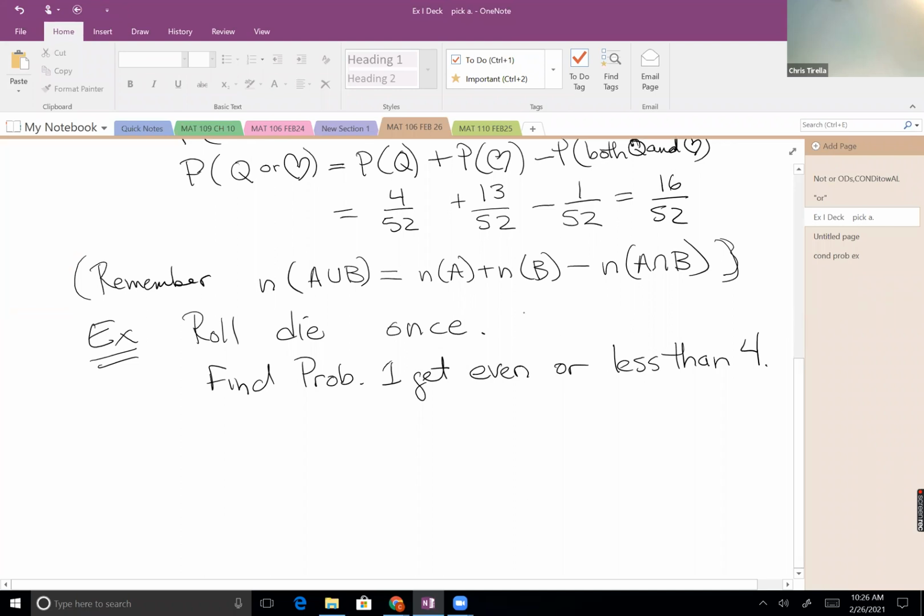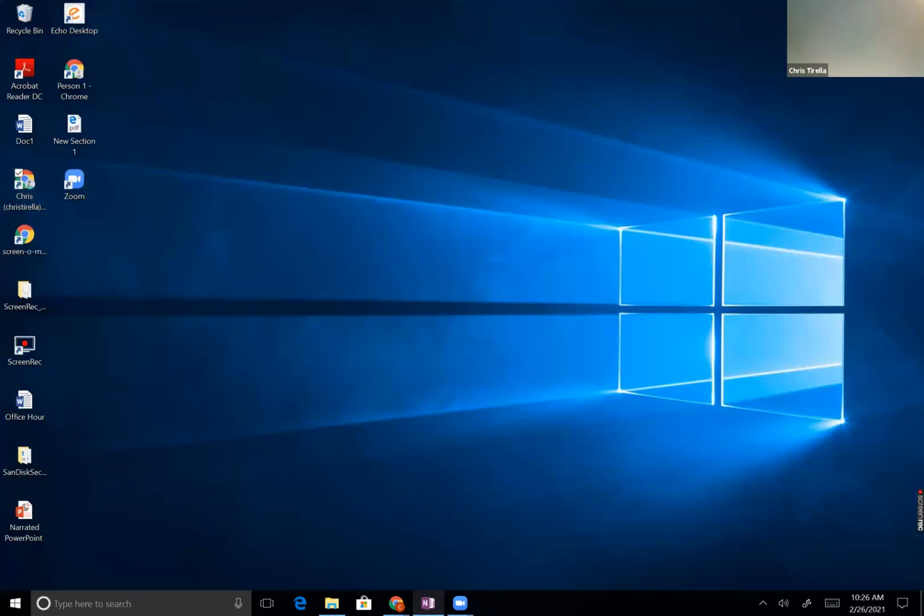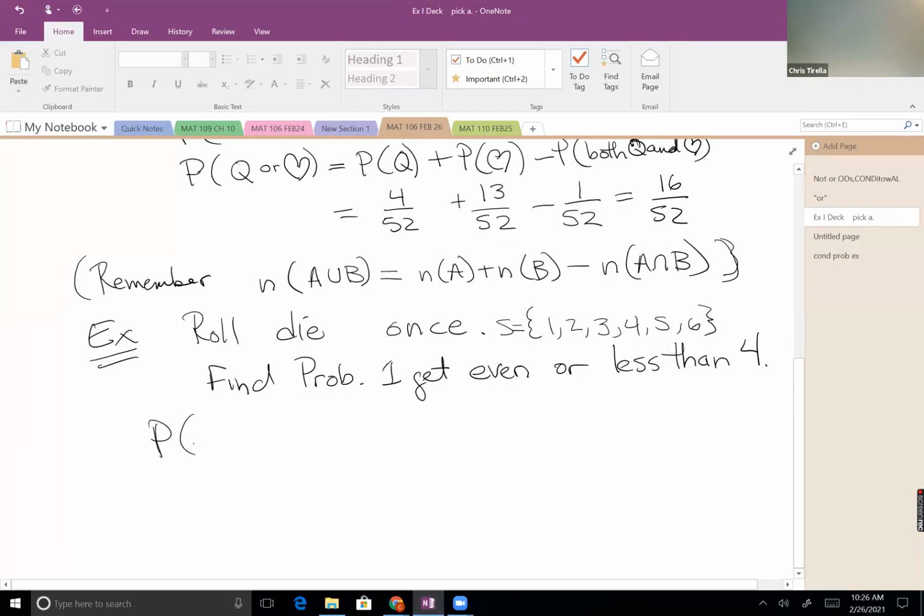And again, hopefully everybody remembers when I roll my die, my sample space is the numbers 1 through 6. Sometimes I find these things easier to work out if I actually have that sample space in front of me and I can see it. So my sample space is those numbers 1 through 6. The probability that I get an even, well, there's 6 outcomes. How many of them are even?